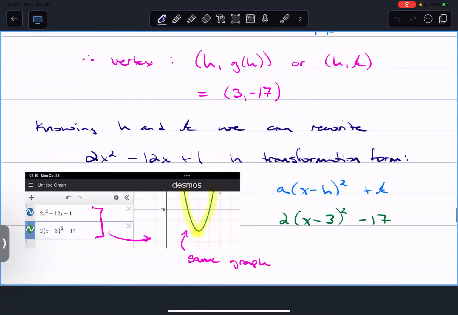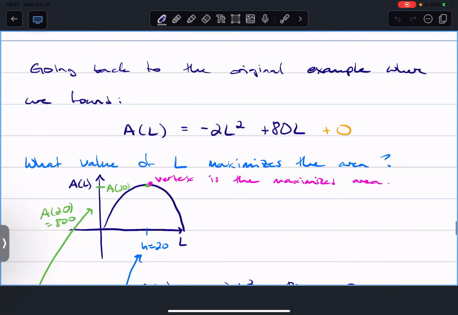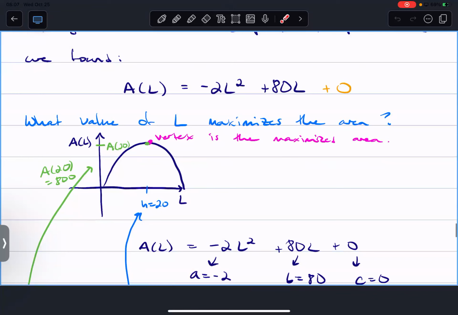We found, we made a quadratic for finding the area of that fenced in pen, I guess, or garden or whatever it was. And it's a function of the length of one of the short sides of the rectangle. And then what we did was we said, what value of L maximizes the area?